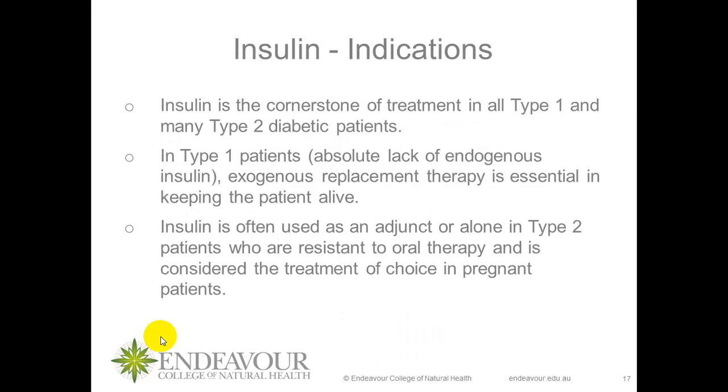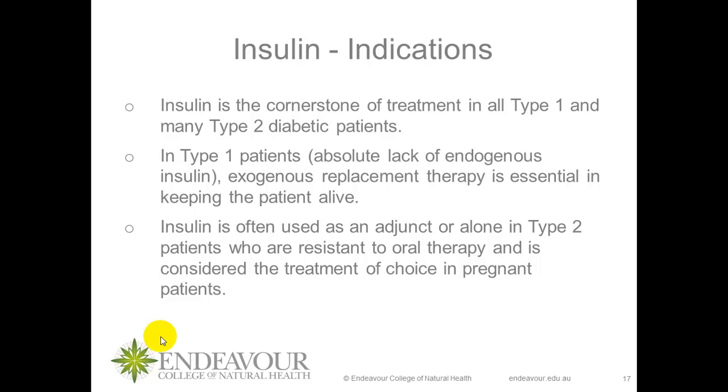And so if regular foot care is implemented over the decades, this can save the person's extremities and their digits. So insulin is the cornerstone of treatment in type 1 and in type 2 diabetes, where it has progressed to the person not making any of their own insulin. So type 1 with that absolute lack of insulin, needing then hormone replacement therapy for life to keep that person alive.